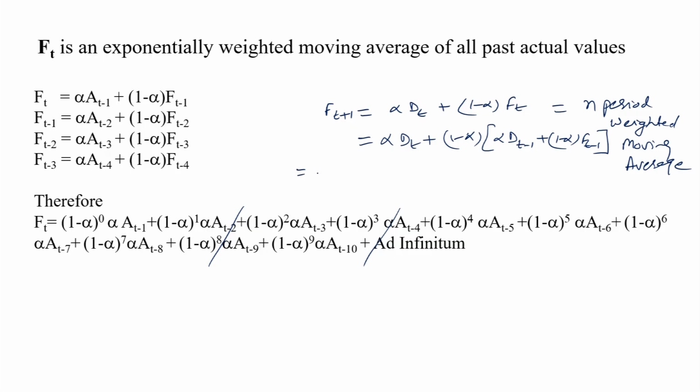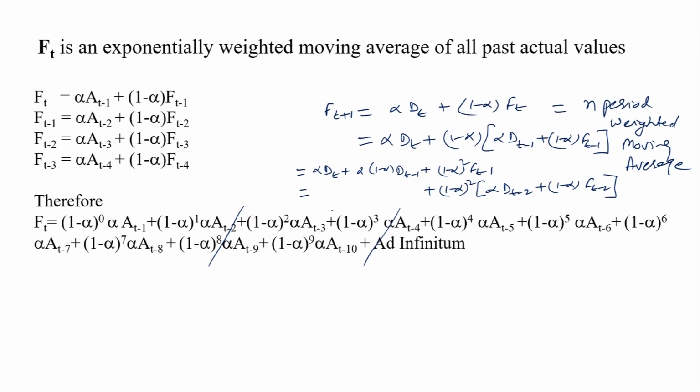Now, if I expand this, we will get alpha d t plus alpha into 1 minus alpha d t minus 1 plus 1 minus alpha square F t minus 1. If I further expand this expression, what I will get is 1 minus alpha square, and F t will be alpha d t minus 2 plus 1 minus alpha F t minus 2.